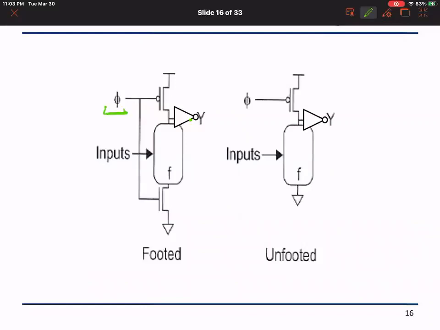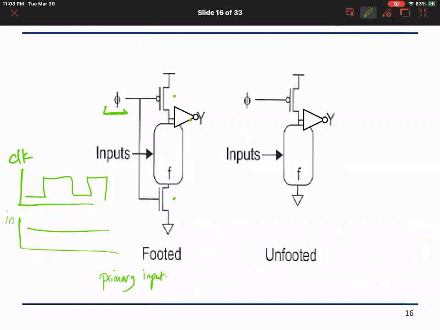And the clock can go to the PMOS, and it can also go to a footer device. This is typically done for primary input type gates, where my input is coming from anywhere, so the clock will be maybe like this, and the input can be still high, and I will still be able to pre-charge the intermediate node, and have the output also maintained.